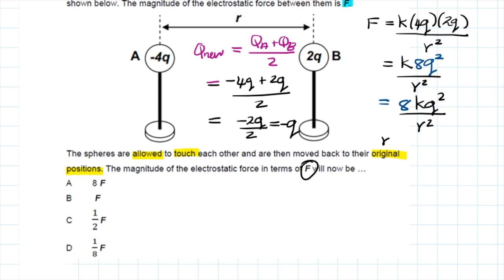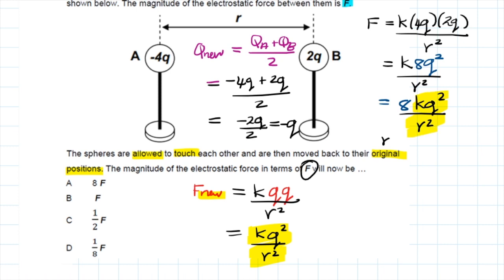To calculate the electrostatic force that they will then have after they touch, we will say that it is equal to K. We're going to have only the magnitude plugged in, so it's Q times Q divided by the distance between them squared. This gives us K, Q squared divided by r squared. What you should notice is that the new force is 1/8 of the original force.